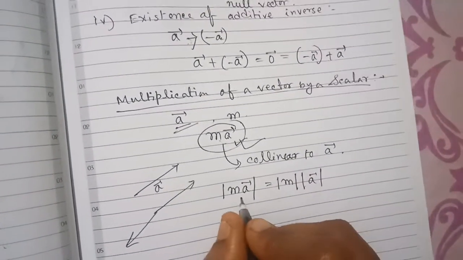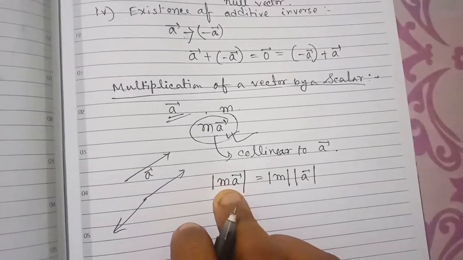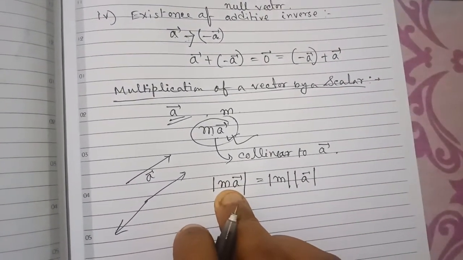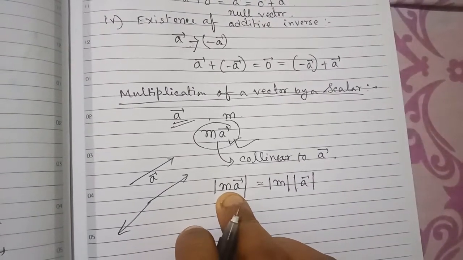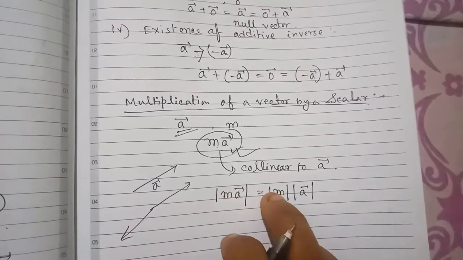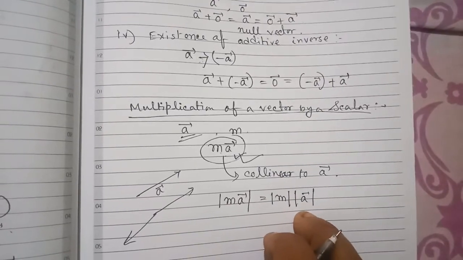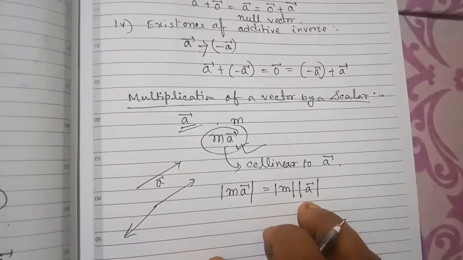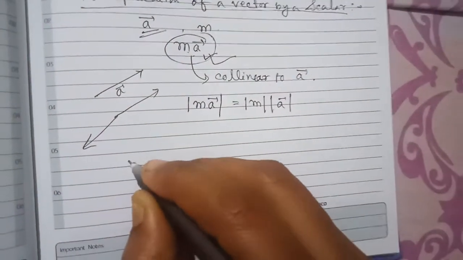That means the magnitude of the vector m A vector, that is multiplication of a vector by a scalar, is mod m times the magnitude of the vector itself. Now its geometrical representation can be in this way.